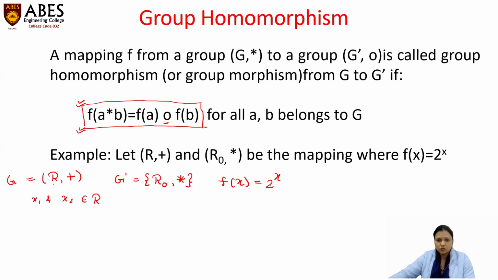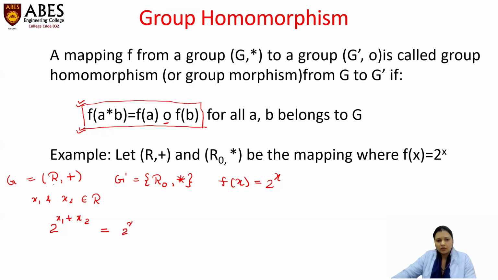Here the function given is 2 to the power x. In place of x, I will write the two considered numbers and apply the operation given in the first group. The operation given is addition. And then I will split these two numbers. I will give these numbers as input to the function first and then apply the operation.